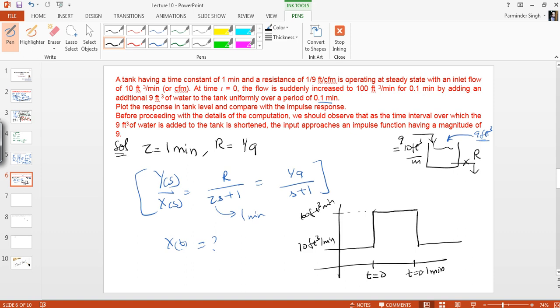For 0.1 minute the inlet becomes 100 feet cube, and thereafter it comes back to its initial state. Now what is this type of response? This is basically an example of a pulse input.